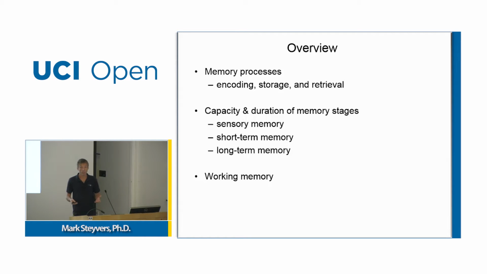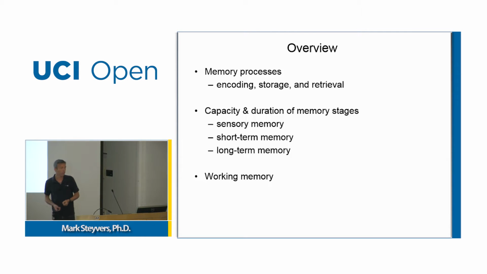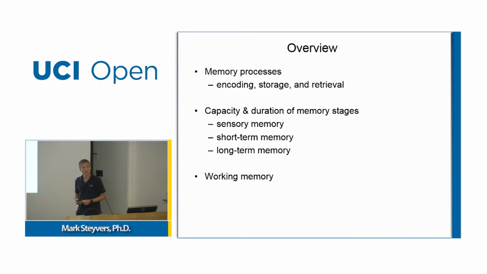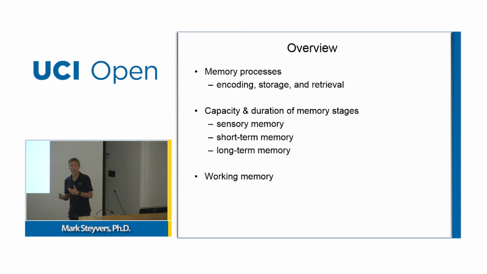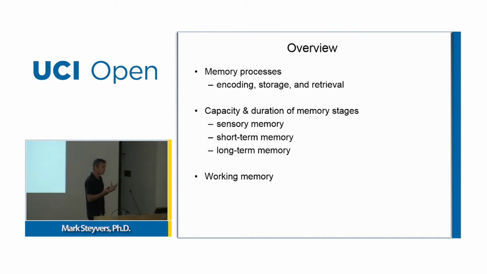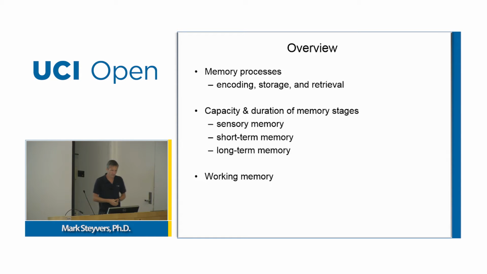The theory has been around for a while. It's not quite right anymore, but still useful to go through the logic of the theory. And nowadays we don't really talk about short-term memory as much anymore. We refer to working memory. But short-term memory and working memory are similar concepts.